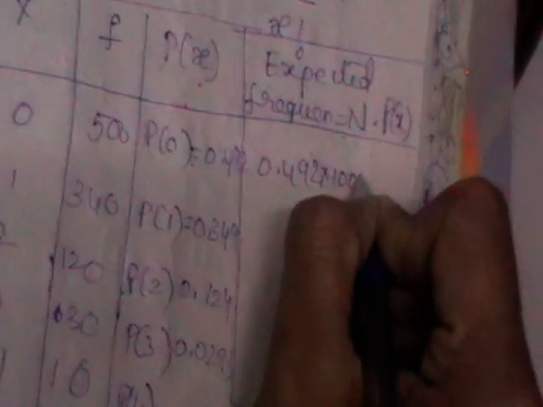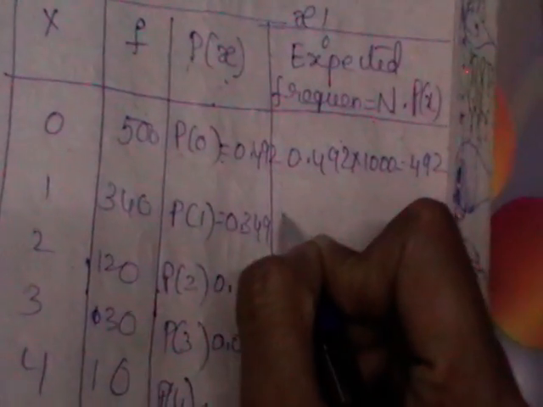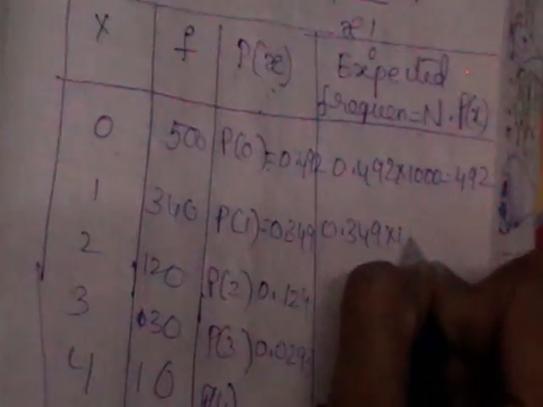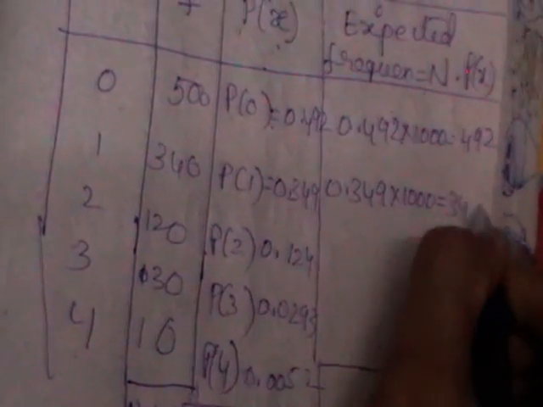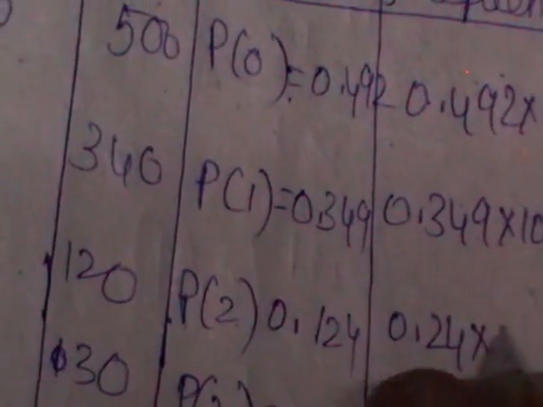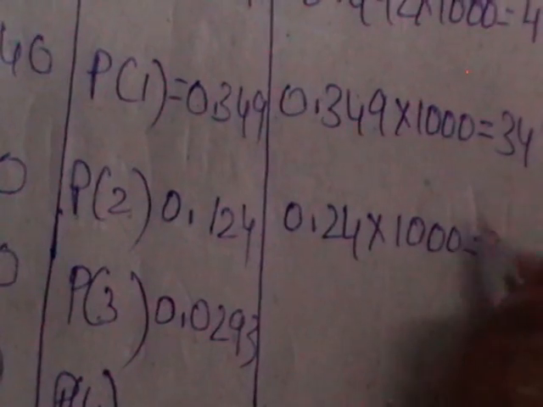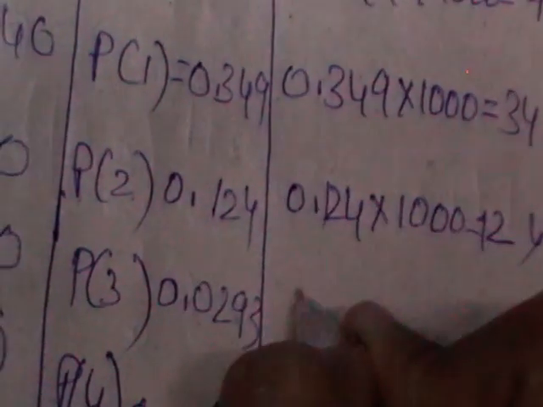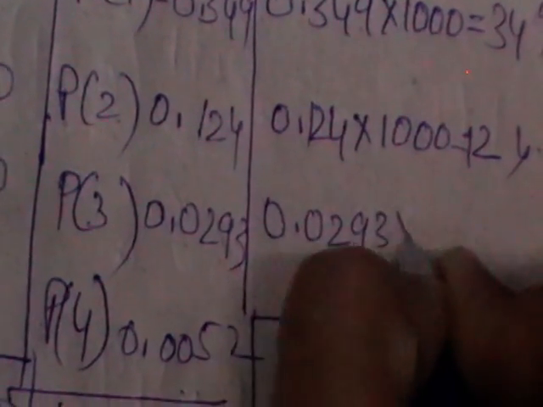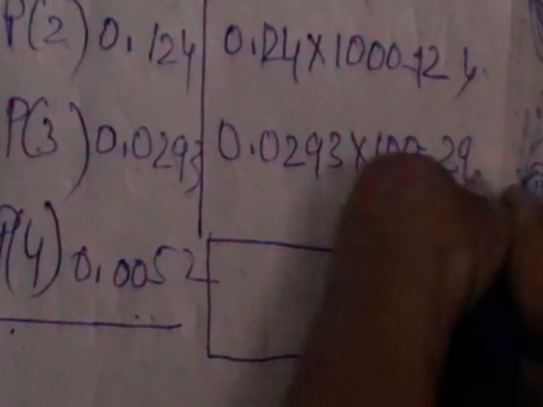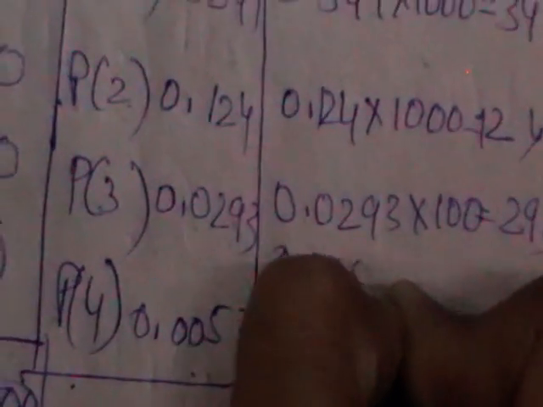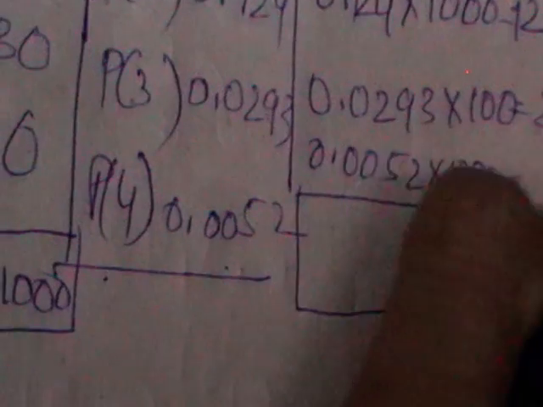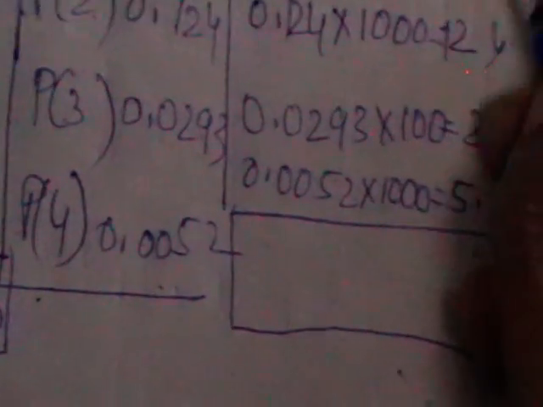The total of the frequencies is always indicated with capital N. So this is 1000 into 0.492, which is 492. The next one is 0.349 into 1000, which is 349. So I got these as the expected frequencies.